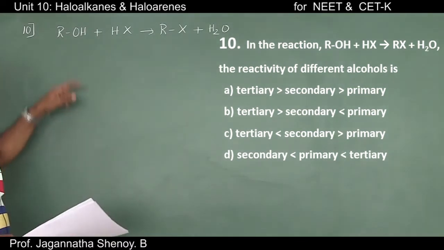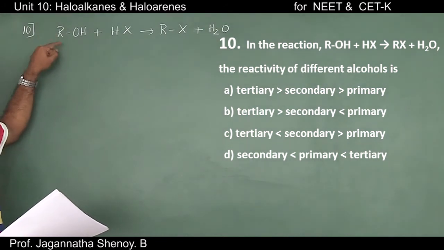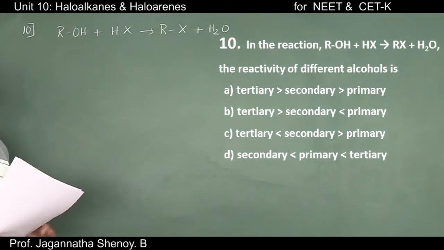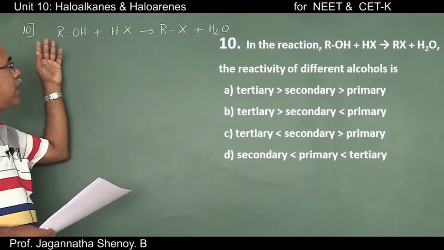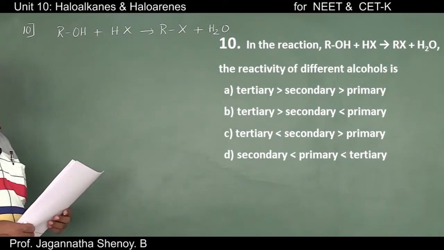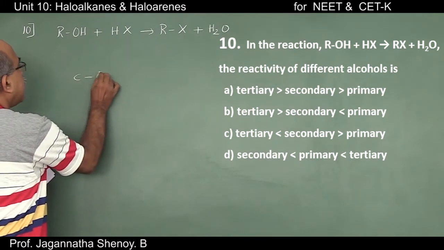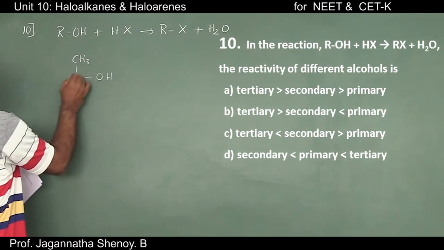What I mean by that is the order of reactivity of tertiary alcohols, secondary alcohols and primary alcohols towards a given HX. Right, so let's just analyze the order of reactivity. You see, when I say tertiary alcohol, you have a COH. I'm taking one particular example.